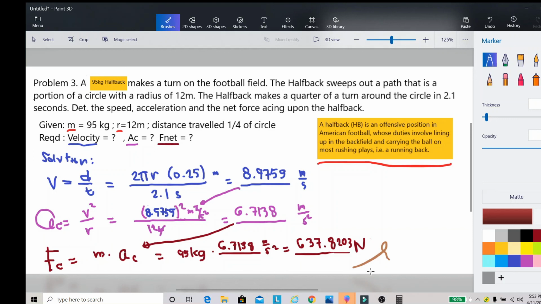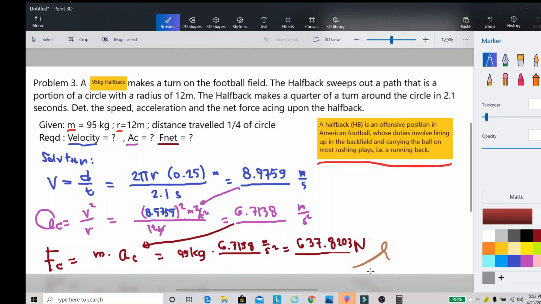I will be coming up with part of this video tackling some complex problems involving circular motion. Not only uniform circular motion, but also non-uniform circular motion and pendulum problems.